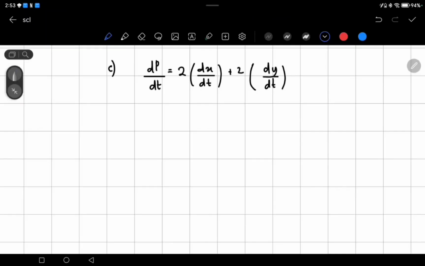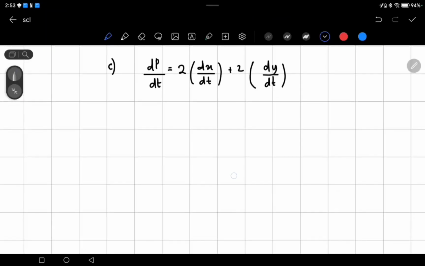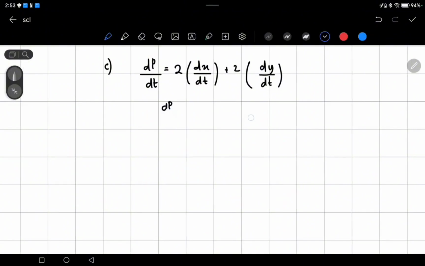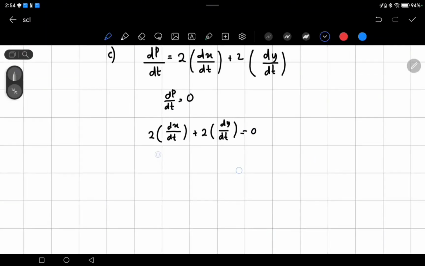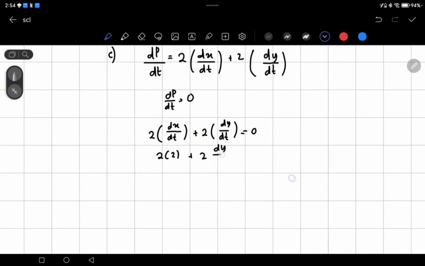The perimeter ceases to decrease, which means it will stop changing when its rate is exactly 0. So in other words, when dp over dt is 0. We already know our dx over dt, which is 2. So we substitute 2 and make dy over dt the subject.